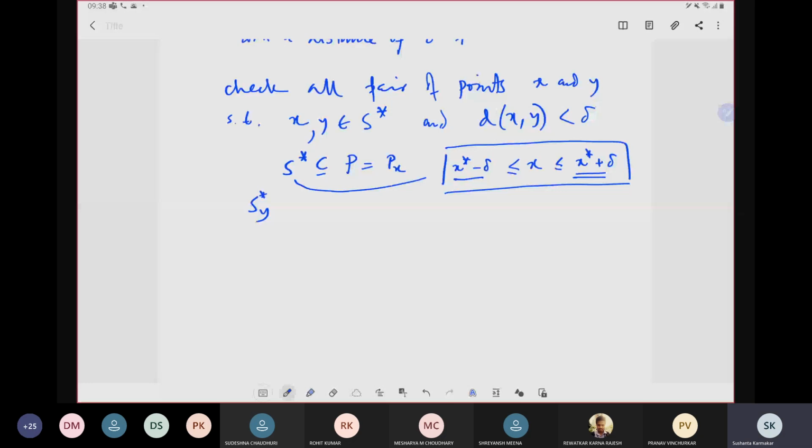That is my strip region. Now, how many such points are possible? Of course, a linear number of points are possible. O(n) points are possible.